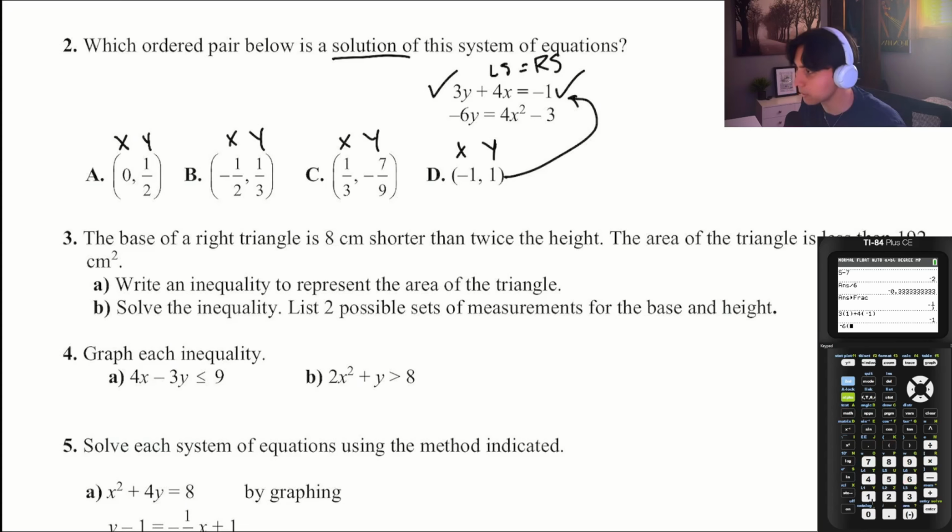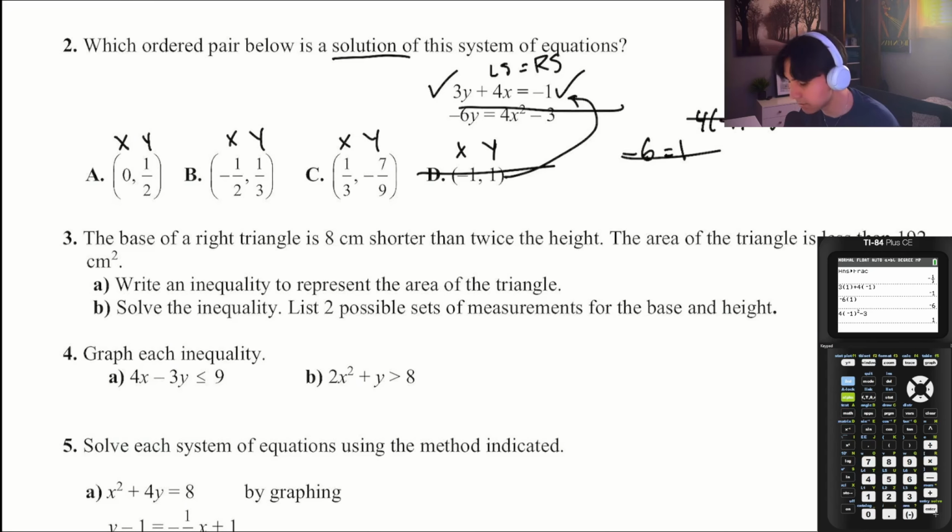And we're testing the point (-1, 1), so y is equal to 1. So negative 6 should equal 4 times negative 1 squared minus 3. So 4 times negative 1 squared minus 3 gives us 1. So left side does not equal right side on our second equation here. So D is a bad answer.